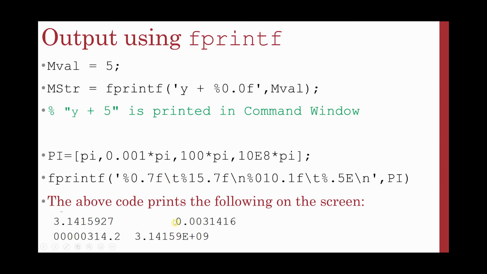Then it's going to put in a tab. Then it's going to format the second entry in pi with 15 character widths and 7 decimal places. Then it's going to go to a new line. Then it's going to put in the third entry of pi with 10 spaces worth of zeros and 1 decimal place. Then it's going to put in a tab, and then the last entry in pi to 5 decimal places in scientific notation.